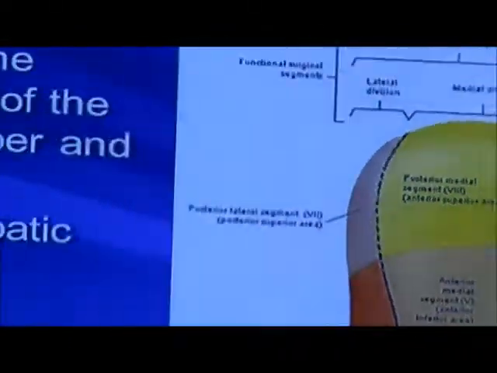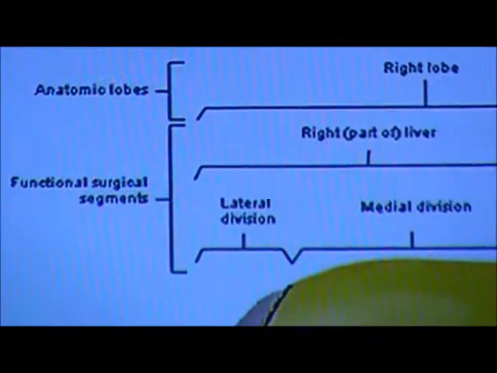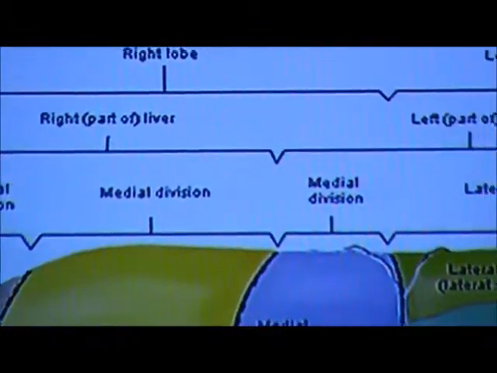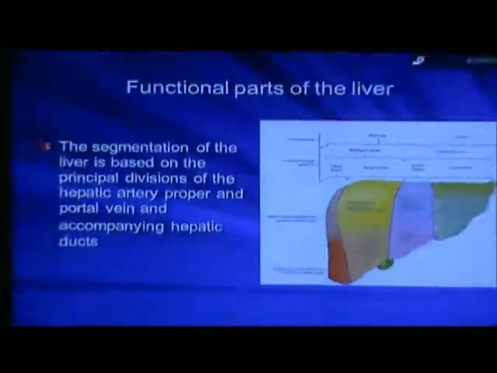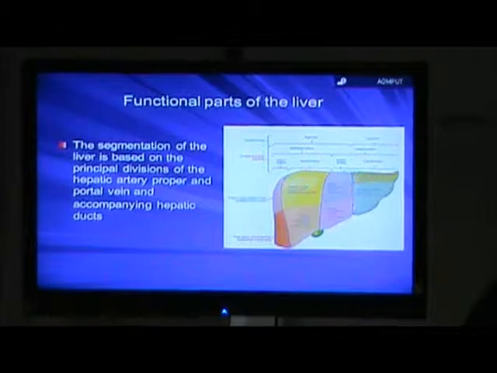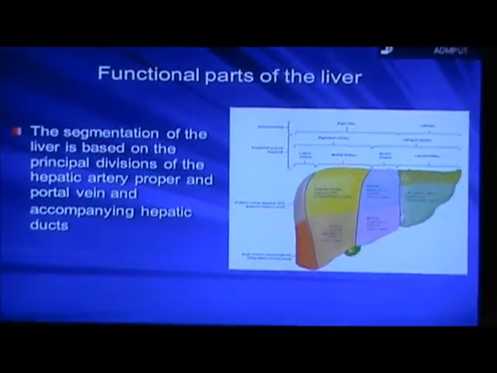Of course, I wouldn't expect from you the knowledge of the segments of the liver, but now you need to know that there are some functional parts of the liver, because the surgeons can remove some segments, some parts of the liver.